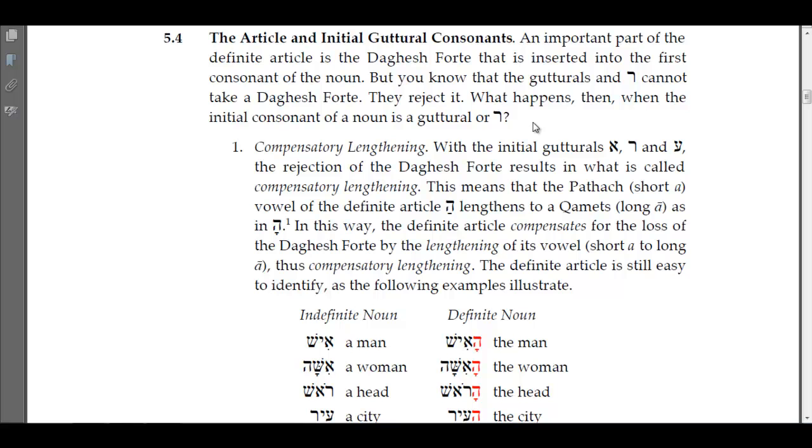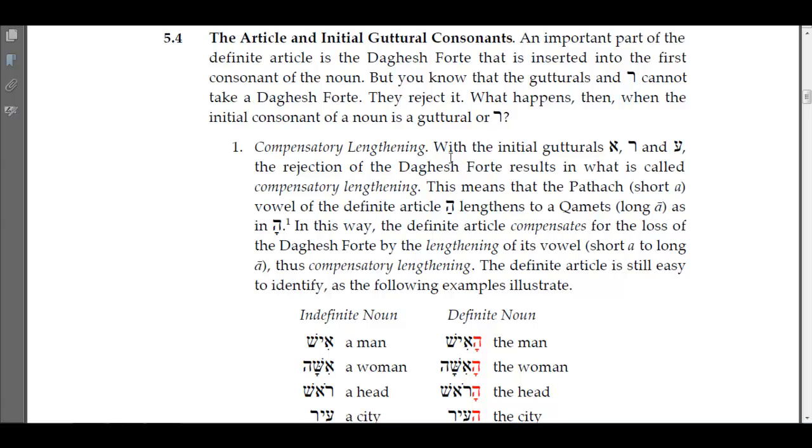Let's go through these rules here. You know that the resh can't take a dagesh forte. They all reject dageshes and dagesh fortes, so they reject it. Can't take a lane A nor a forte dagesh.